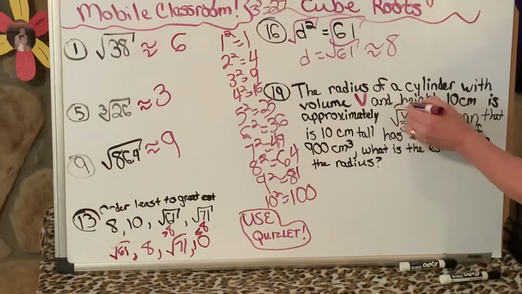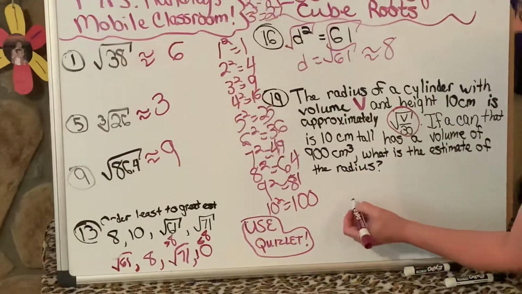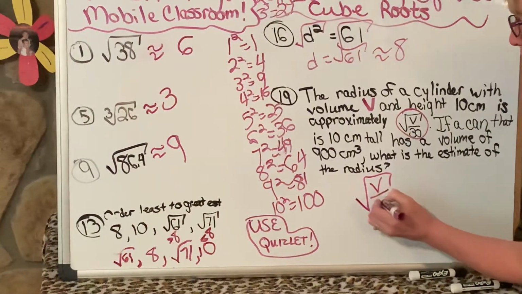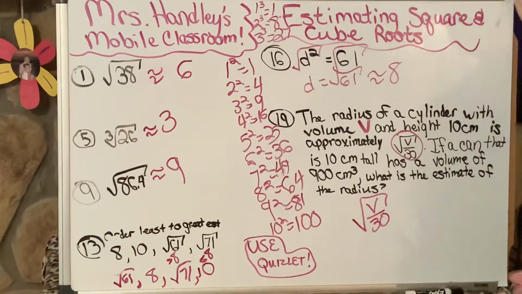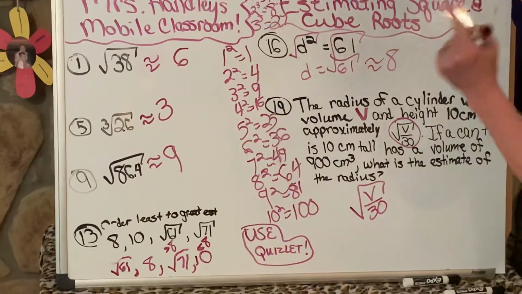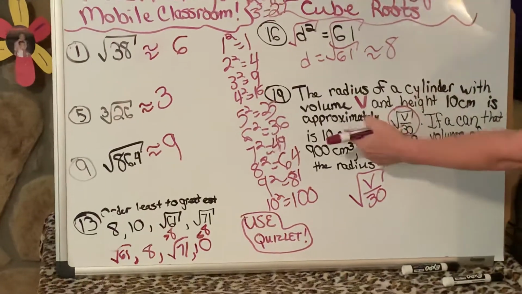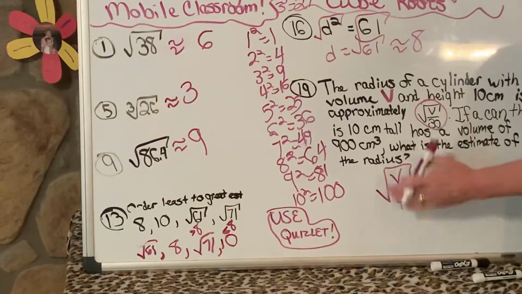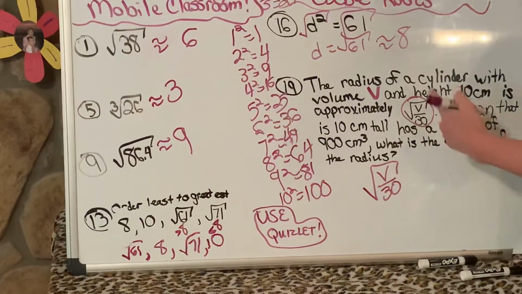Well, because they told us that the radius is approximately the square root of the volume divided by 30, that's all we need. We don't need the formula for the cylinder. We don't need pi. We don't need the height.